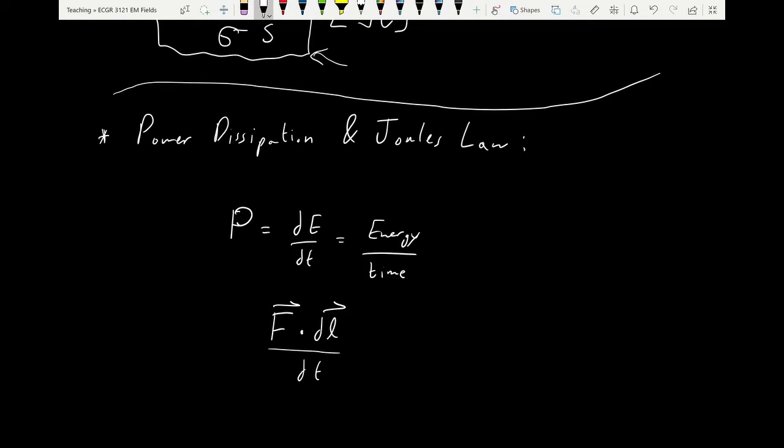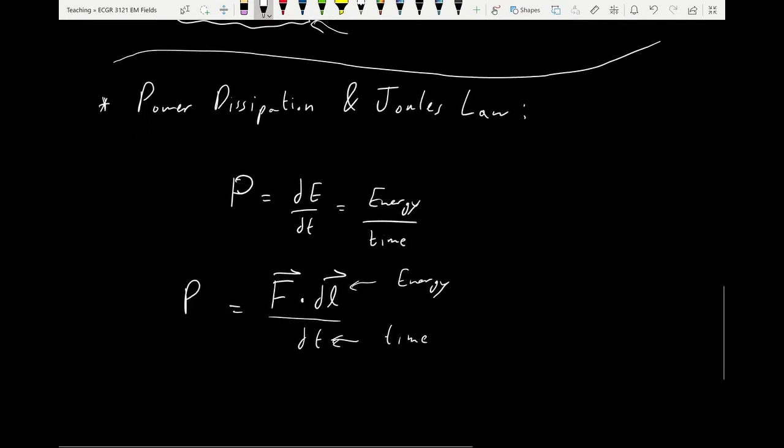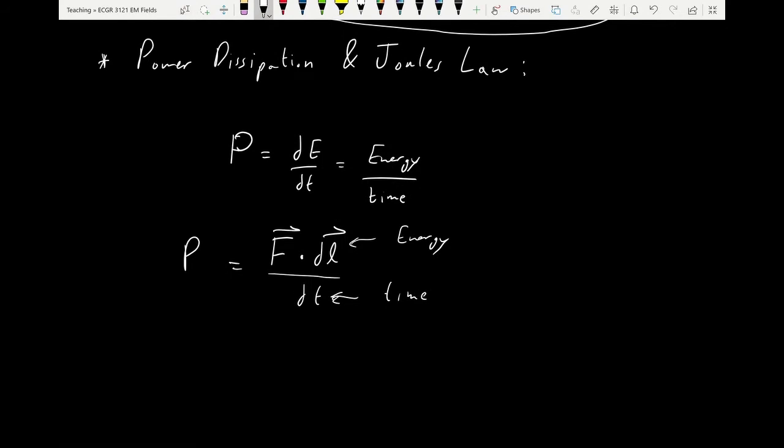So this is energy, and this is time. I bring the dt in, so I have dl by dt, which is velocity. So power is force dot velocity. If there's a particle that has a certain velocity in a force field, the force dot the velocity is the power, right?